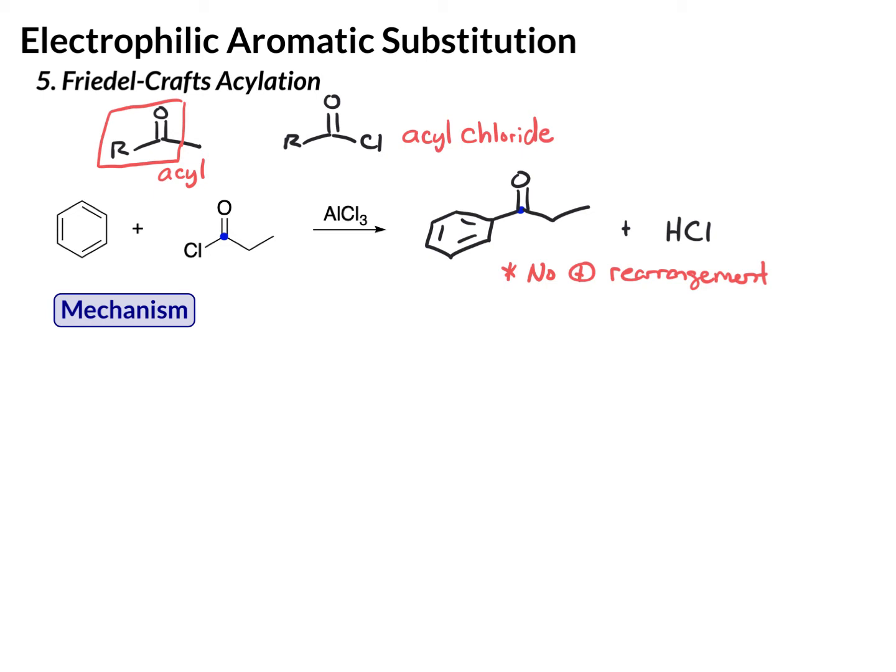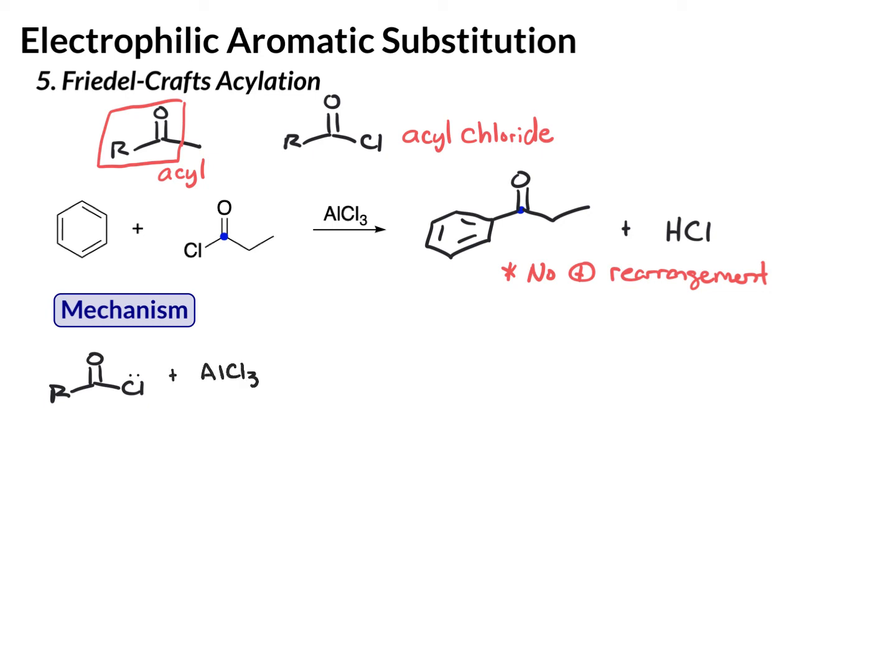The mechanism for this is similar to what we saw with the Friedel-Crafts alkylation. We're going to use our acyl chloride. I'm just going to abbreviate the R group. And that will react with the Lewis acid, AlCl3.